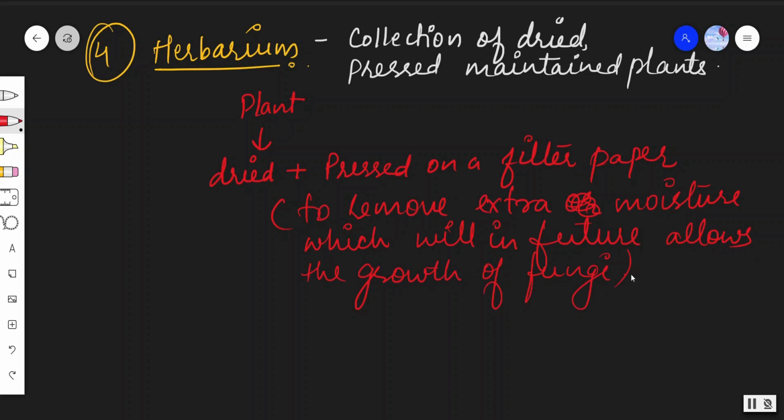Clear? So this is how the plant is dried and pressed on filter paper.